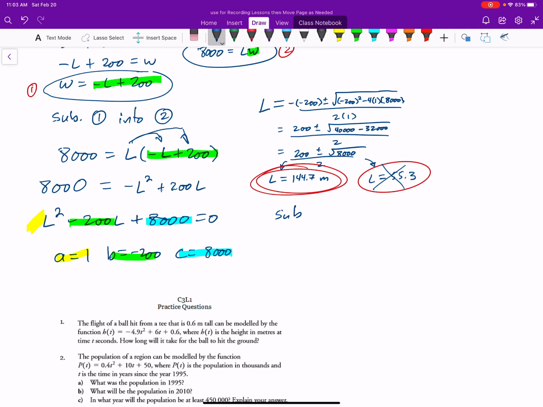So I'm going to sub L equals 144.7 into equation 1. And what I'd get is W equals negative 144.7 plus 200. And guess what that equals? Well, that equals 55.3.